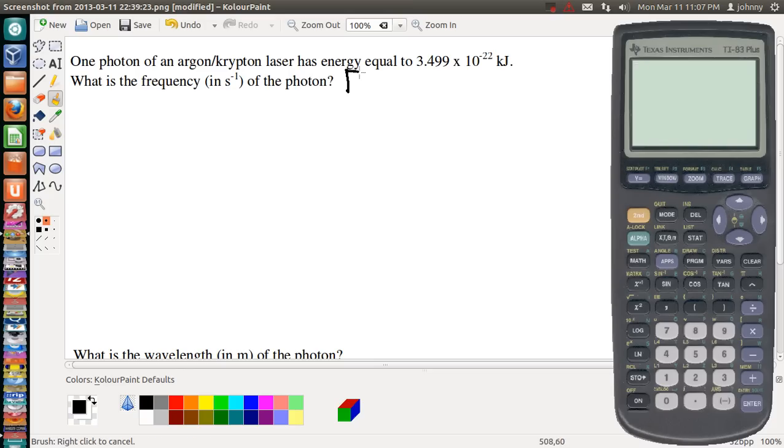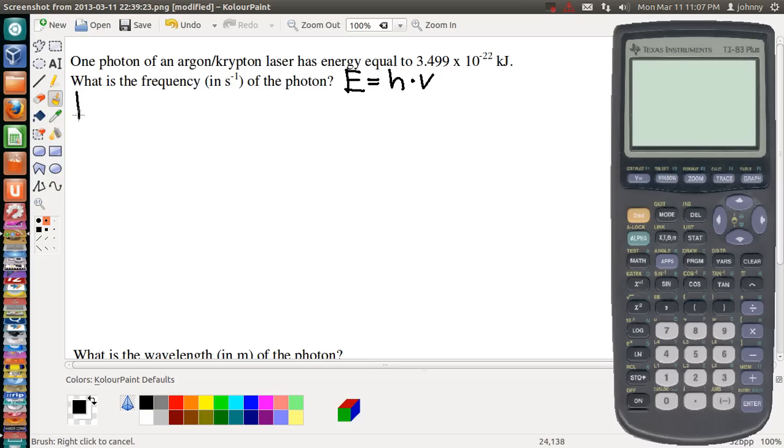The energy of a single photon is E equals h times v. h is Planck's constant. If you don't know what Planck's constant is, it's a constant. You have to memorize it or maybe have it on a resource available to you.